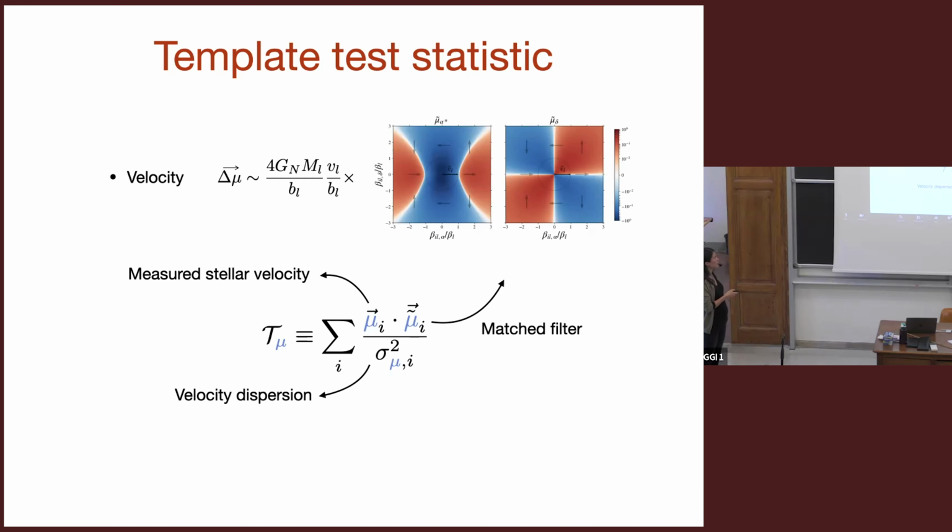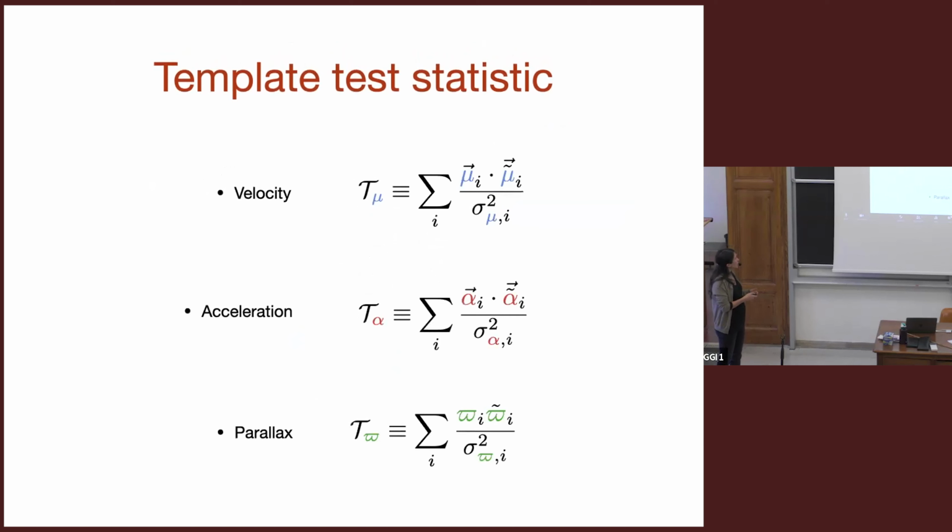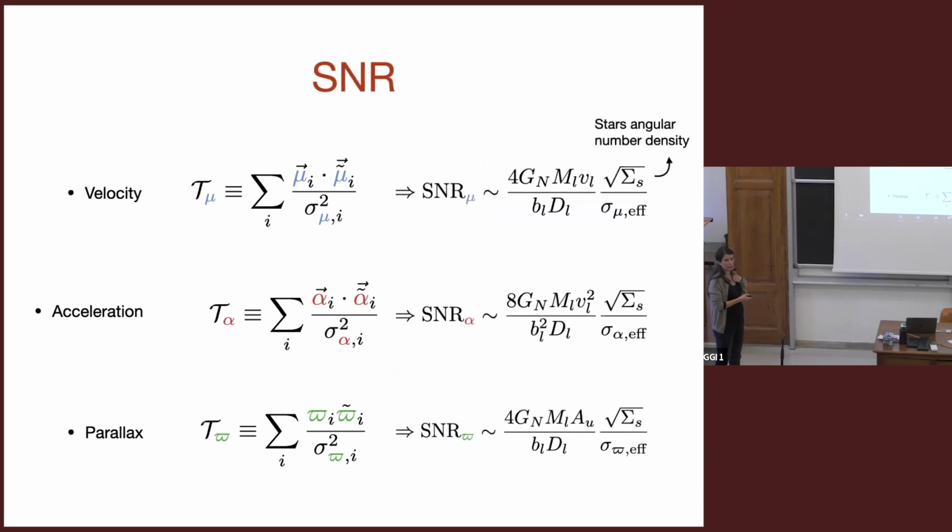This quantity is maximized when the observed stellar velocities match the matched filter, while it should average to 0 if they are just Gaussianly distributed with a 0 mean. We can do the same thing for accelerations and parallax, and then estimate the signal to noise ratio by computing the average tau for signal over the variance of tau for noise.